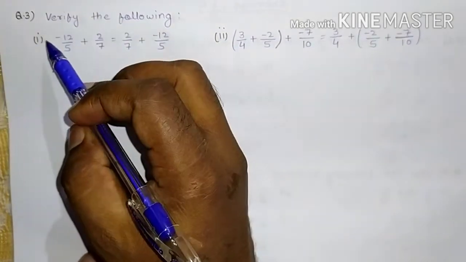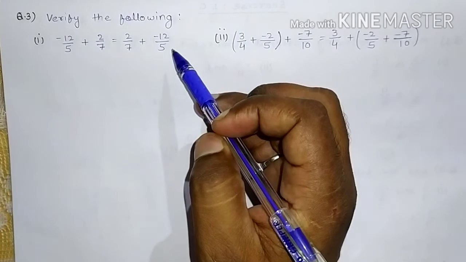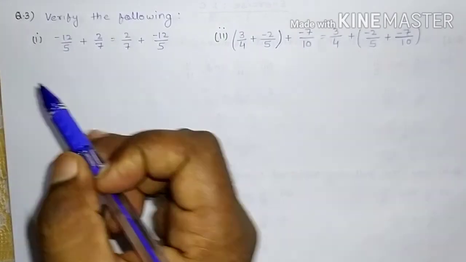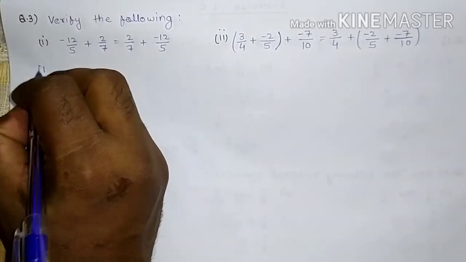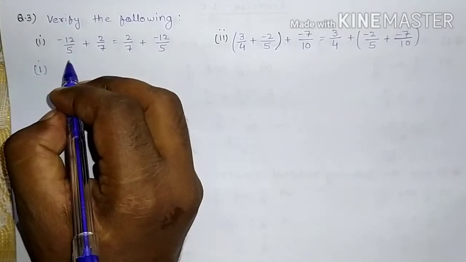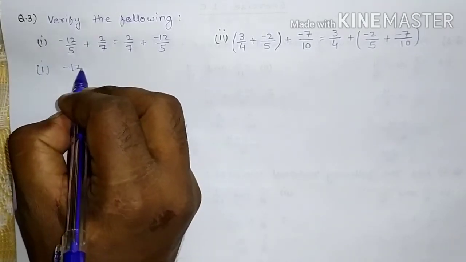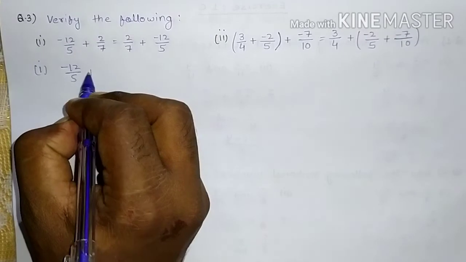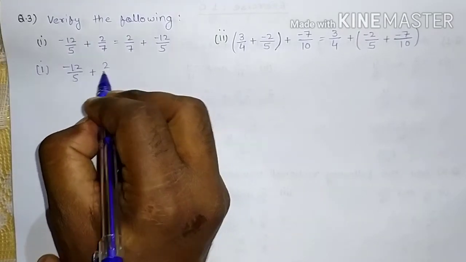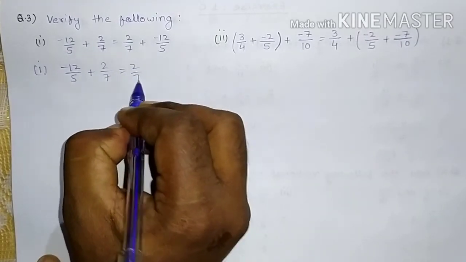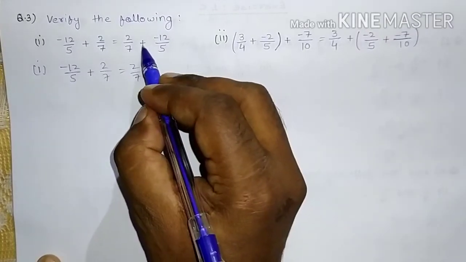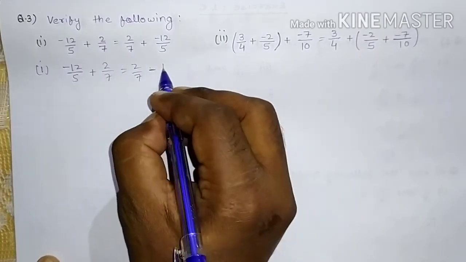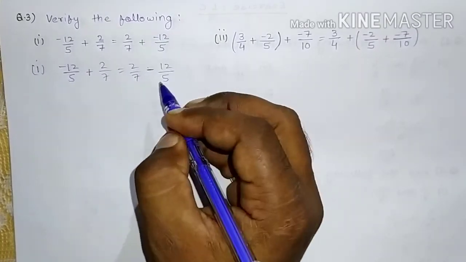Now question number 3. Verify the following. Here the first question is given, minus 12 upon 5. So just write minus 12 upon 5 plus 2 by 7 equals to 2 by 7 and plus into minus, that is minus, so minus 12 upon 5.